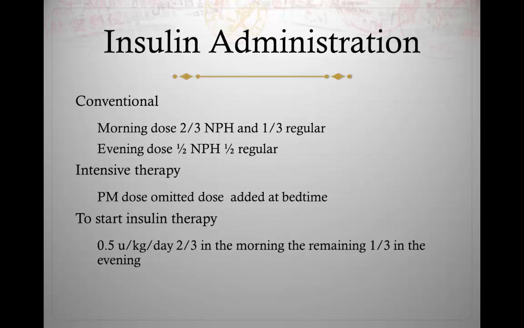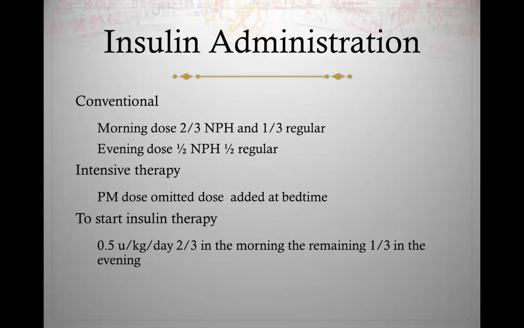The amount, you're going to divide two-thirds in the morning and one-third in the evening. From the two-thirds in the morning, it is going to be two-thirds NPH and one-third regular. From the one-third in the evening, you're going to do half NPH and half regular.